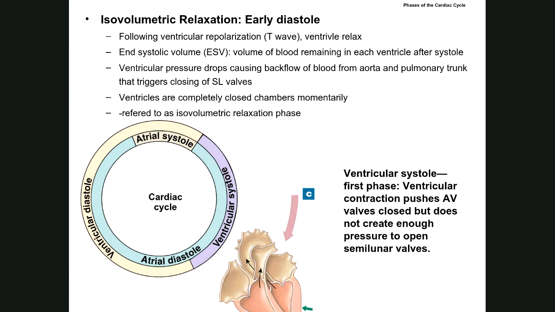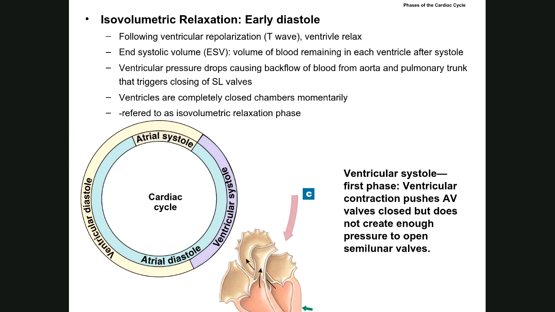The ventricular contractions push the atrioventricular valves closed, but do not create enough pressure to open the semilunar valves. During this period, which we call the isovolumetric phase, the ventricle is momentarily a closed chamber.